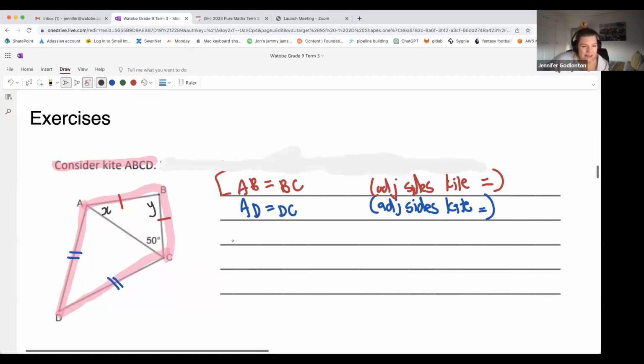I'm seeing lots of people are starting with this, which is great. So X is definitely equal to 50 degrees. And our reason is equal angles opposite equal sides. I like to write equals before, but you don't have to. Beautiful. So that's our 50 degrees. Now we know that that one's 50 over there.